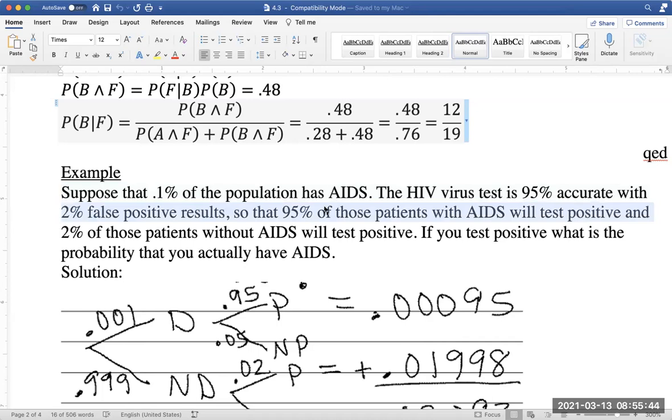So that 95% of those patients with AIDS has a sensitivity of 95% and a specificity of 98%. So 95% of those patients with AIDS will test positive, and 2% of those patients without AIDS will test positive. If you test positive, what is the probability that you will have AIDS?